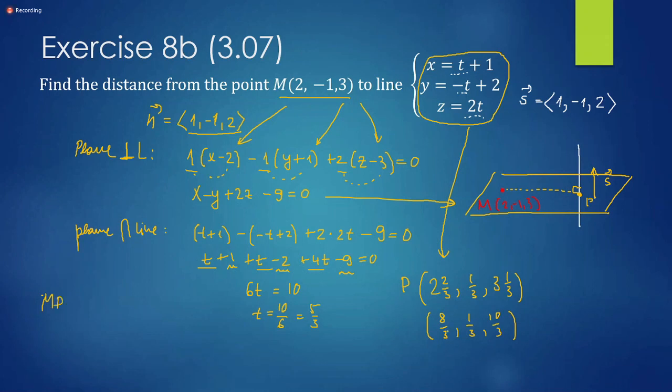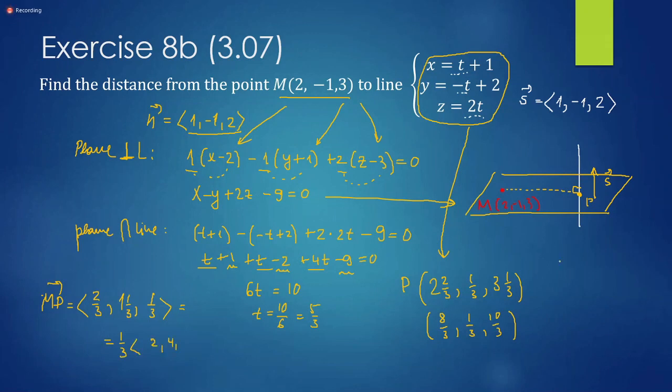The vector MP is 8/3, so 2 and 2/3, minus M's coordinate 2 is simply 2/3. Then 1/3 minus -1 is 1 and a third, and 3 and 1/3 minus 3 is simply 1/3. Or we can say it is 1/3 of (2, 4, 1).